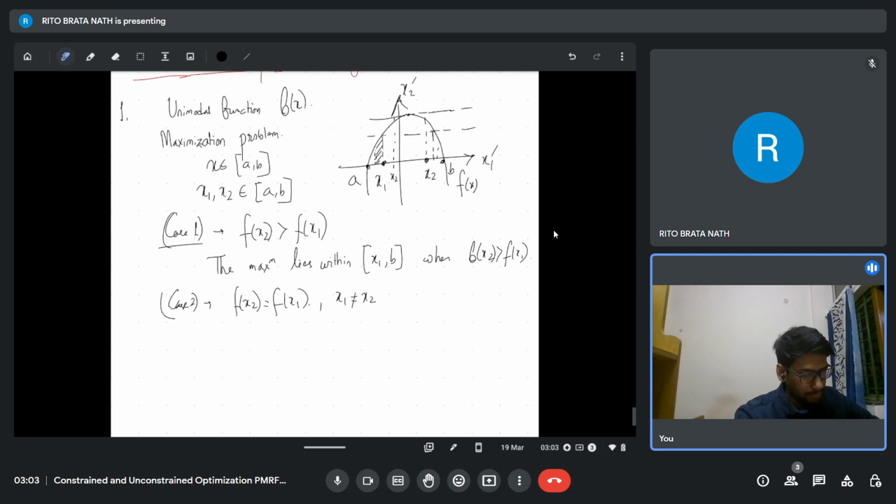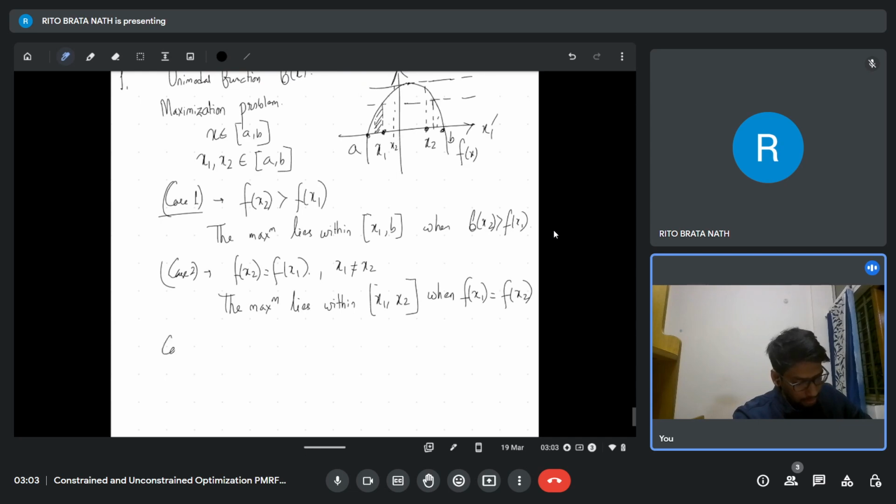In that case you can eliminate two regions, because on one side it will be decreasing, on the other it will again be decreasing. So the maximum lies within x1 and x2 when f(x1) equals f(x2).